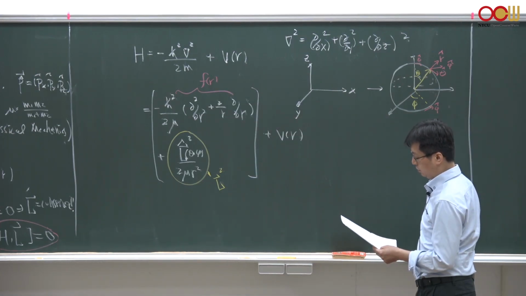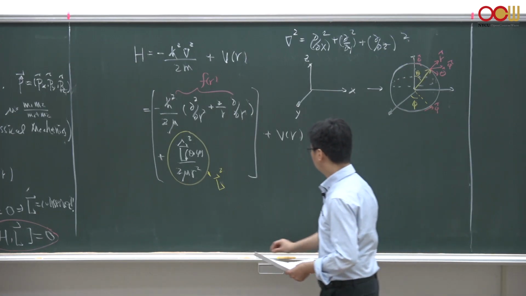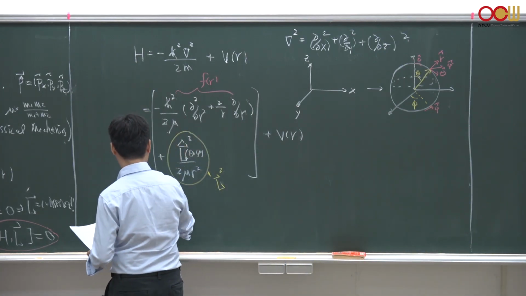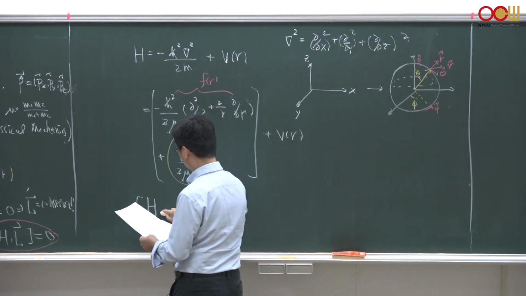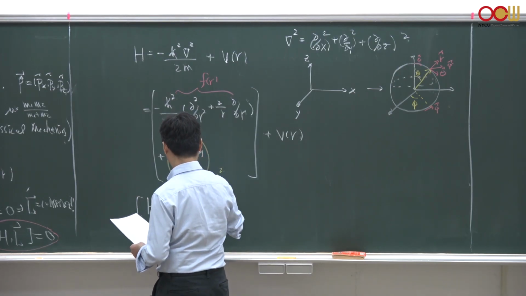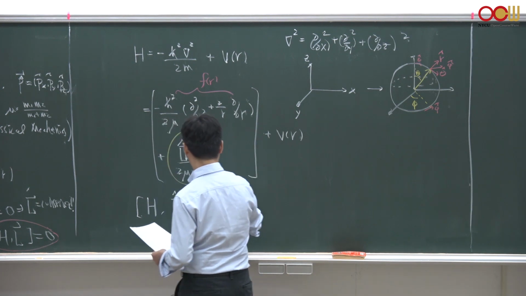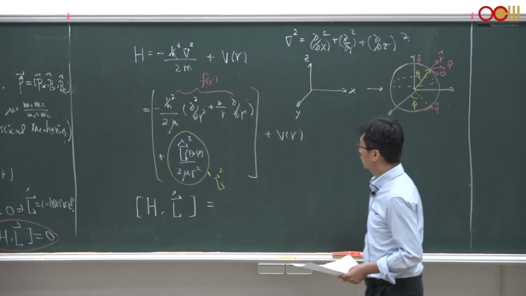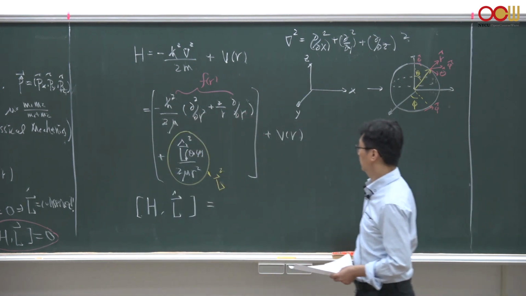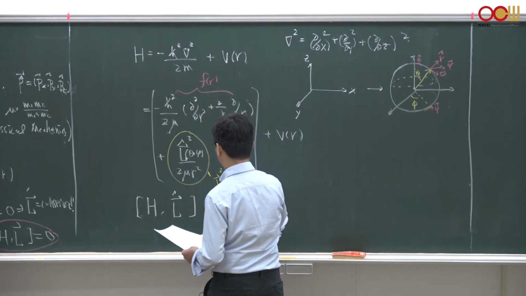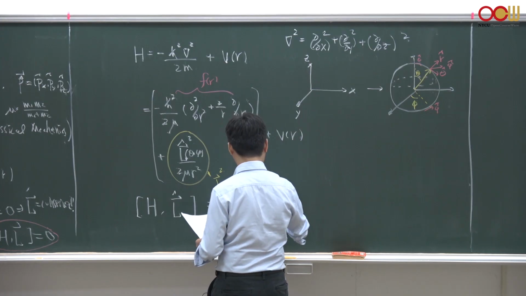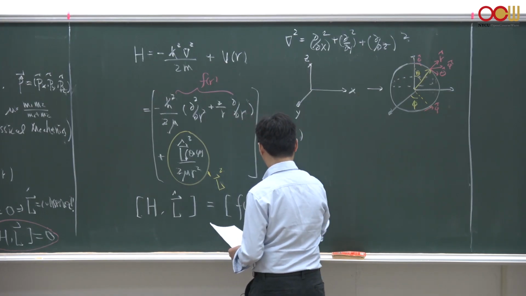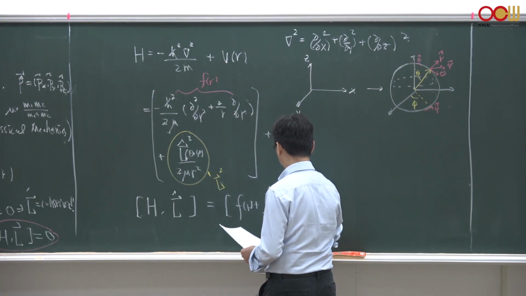So let's try to calculate this commutator between the Hamiltonian and the angular momentum vector operator. In the spherical coordinate representation, the Hamiltonian is given by the f of r function plus L squared divided by 2 mu r squared.